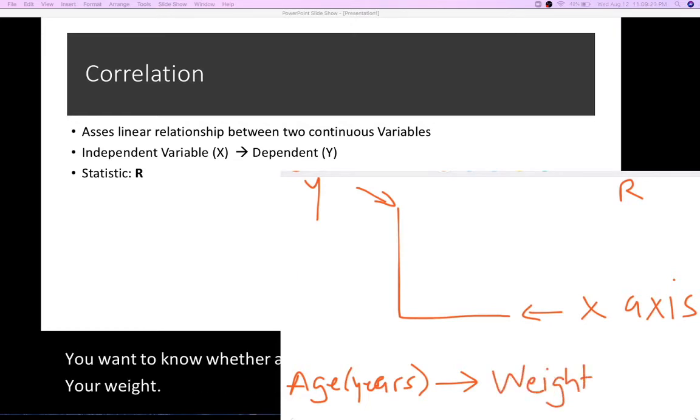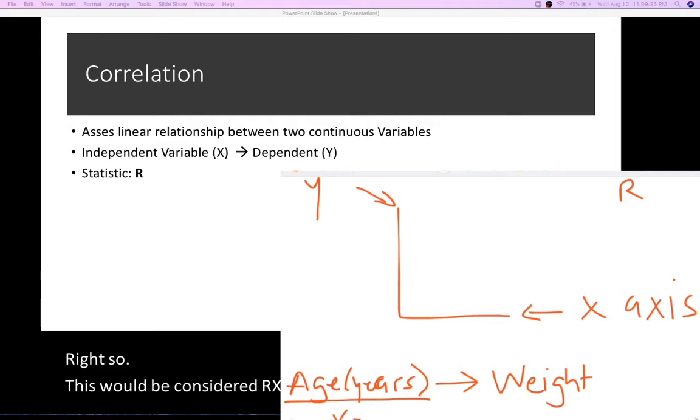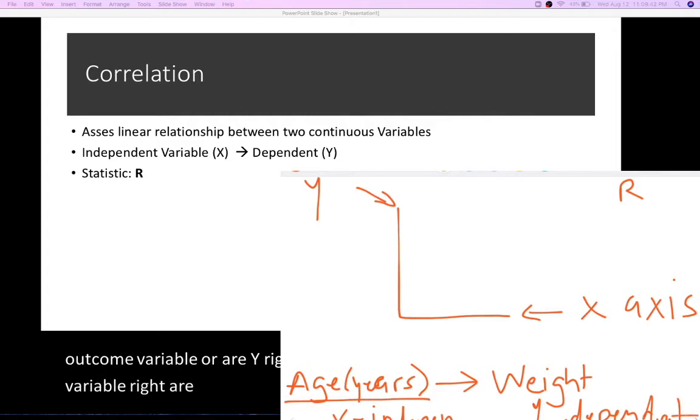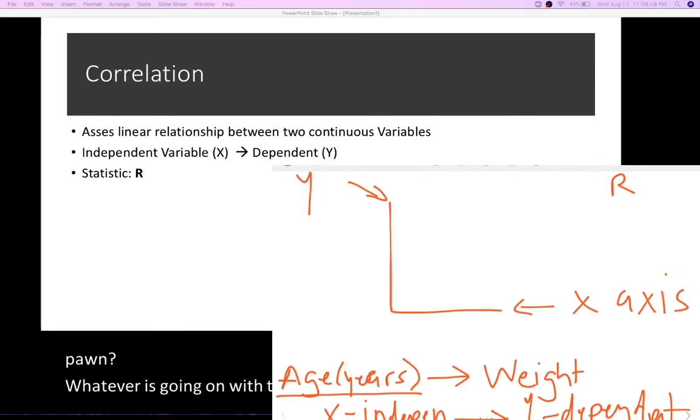So this will be considered our x, our independent variable. And weight will be known as our outcome variable or our y, and we also say that's our dependent variable. Our dependent variable is dependent upon whatever's going on with our x, our independent variable.